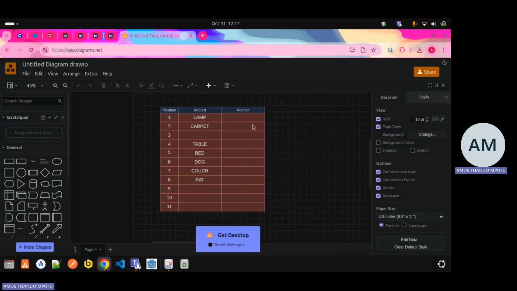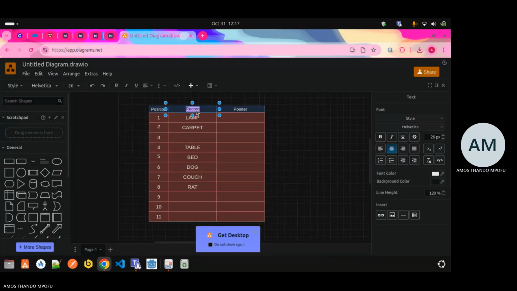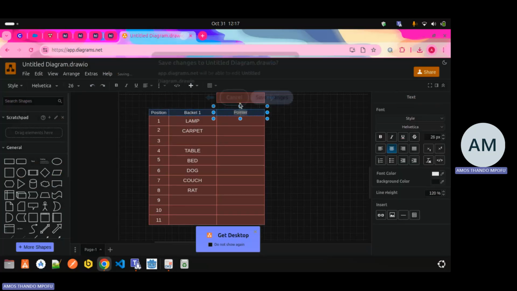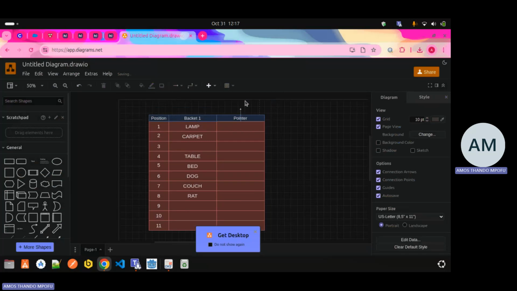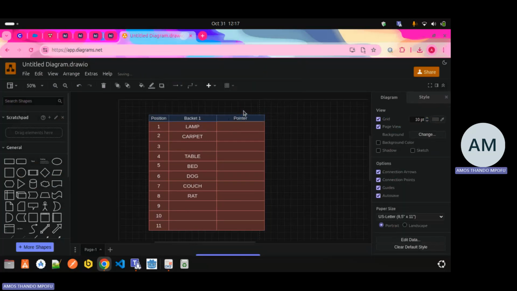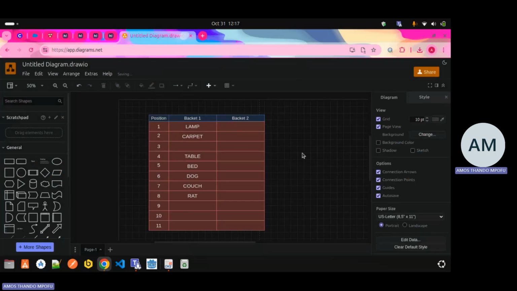Keep that in mind. So what we're going to do is, since we're going to have bucket 1, bucket 2, bucket 3, and so forth, I know for a fact in our case we're going to need at least a bucket size of 2.